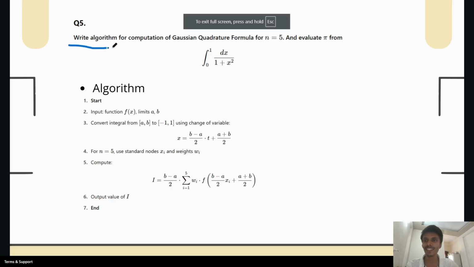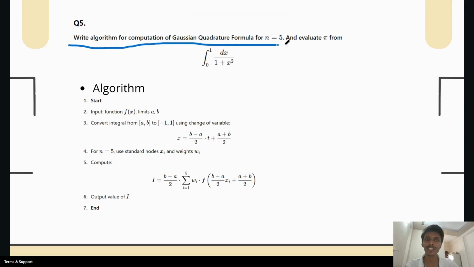Question number 5 is to write the algorithm for computation of the Gaussian quadrature formula for n equals 5, and we have to evaluate pi from this integral. The algorithm for solving this is: we input the function f(x) and limits a, b, then convert the integral from [a, b] to [-1, 1] using a change of variables.